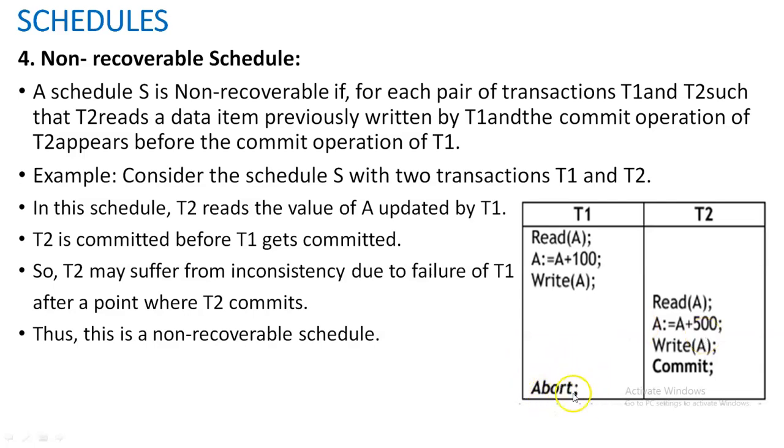When T1 aborts, everything will roll back and transaction 1 returns to its original state. So now T2, which depended on T1, has stored wrong data in the database. This leads to inconsistency of data. This type of schedule is called a non-recoverable schedule. T2's data cannot be recovered, as it has stored wrong data.